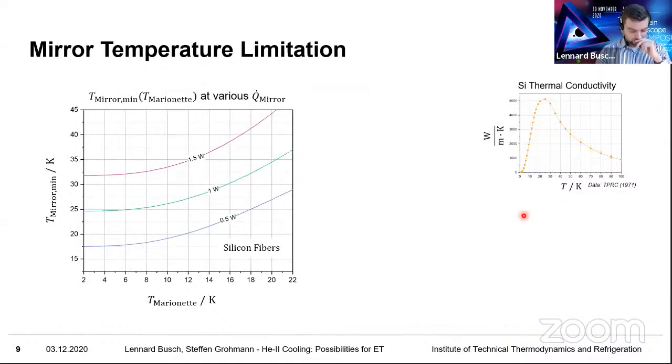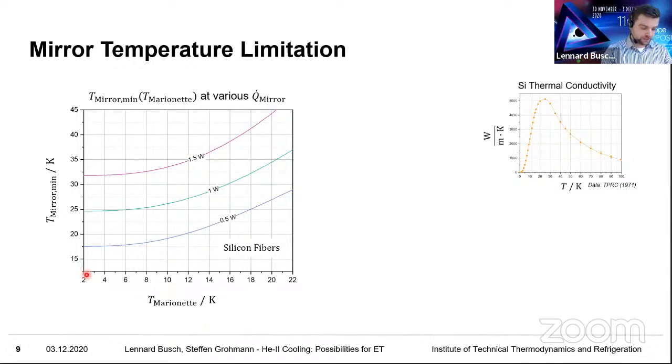So what we then did was we varied the marionette temperature between 2 and 22 Kelvin, and looked every time at what mirror temperature we could reach with that. Again, just for exemplary 3 different total heat loads on the mirror.